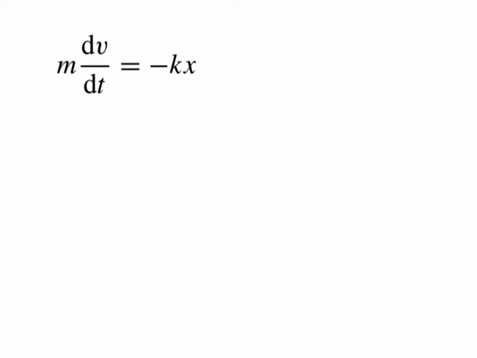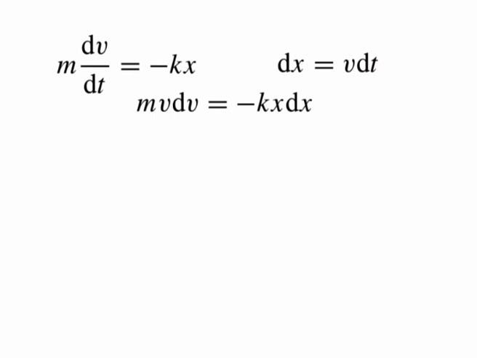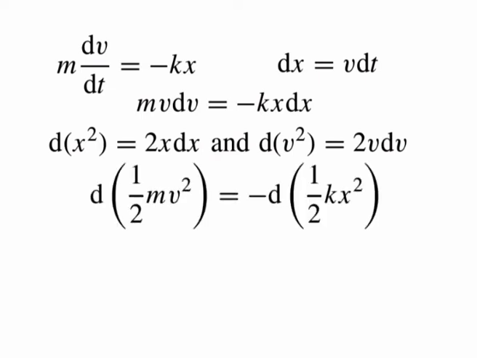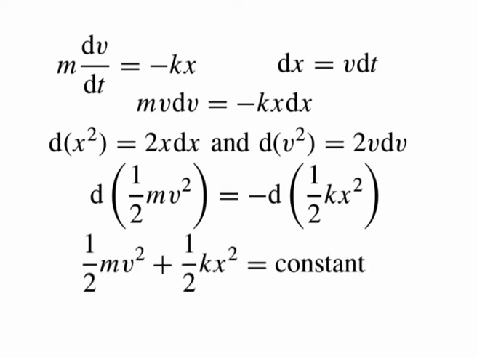Multiplying this equation by dx equal to v dt gives m v dv equal to minus kx dx, and since d of x square is equal to 2x dx and d of v square is equal to 2v dv, we obtain d of half mv square equal to minus d of half kx square. Integrating this equation gives half mv square plus half kx square equal to a constant. Here the right hand term is a constant of integration.